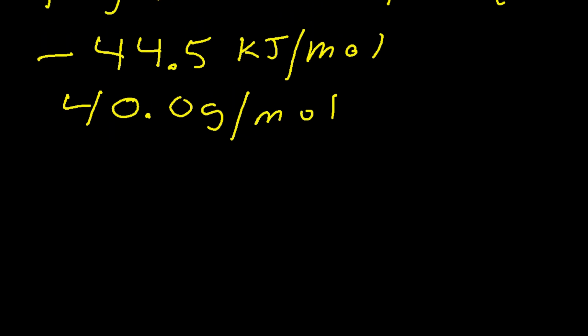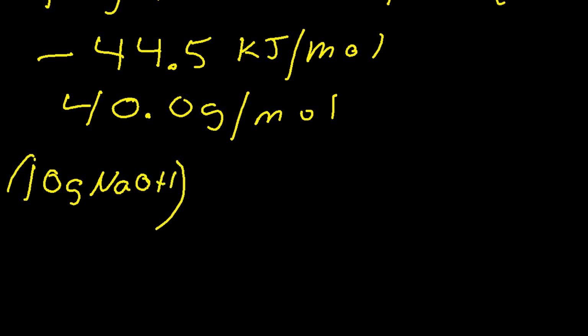And recall, we have 10 grams of it. So I'm just going to write that down: 10 grams of, I'm going to write a little bit smaller now, NaOH. Then we'll want to decide what we need to do with that. We can convert that into moles easy enough because we have the molecular weight. So why don't we write that down?